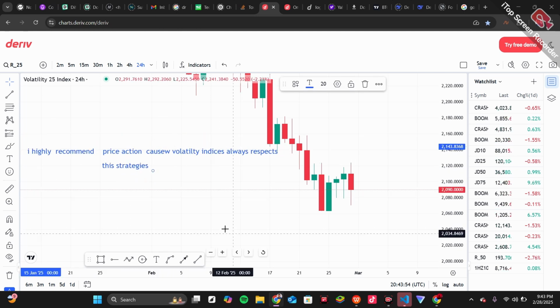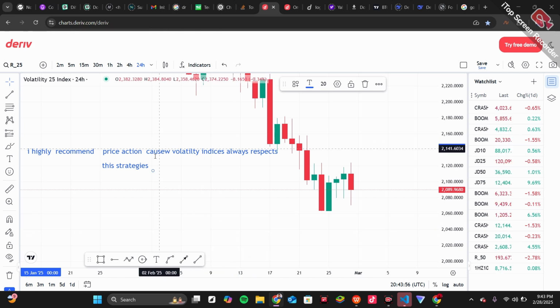Take notes. So price action is key. These are the price action you need to master. These are the price action you need to focus on.